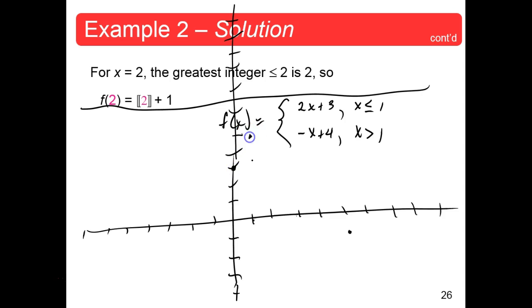It goes up by 2 to 1, but it stops right there because of the equal sign. But then going the other way, it's down to left 1, down to left 1, and so on. So something like that is the linear function of the first part. That's the top part. Stops at 1, though. How about the second part?